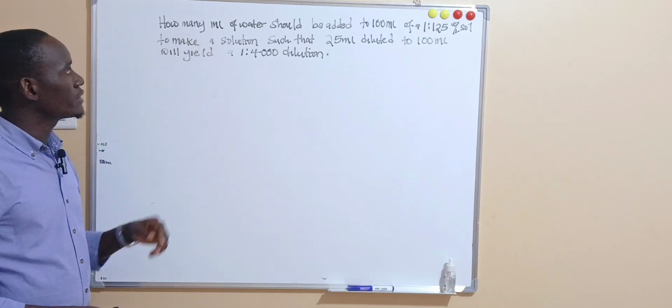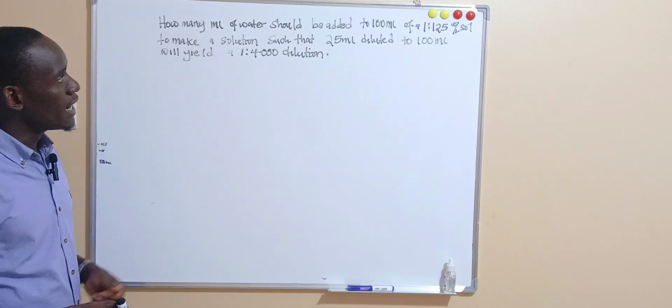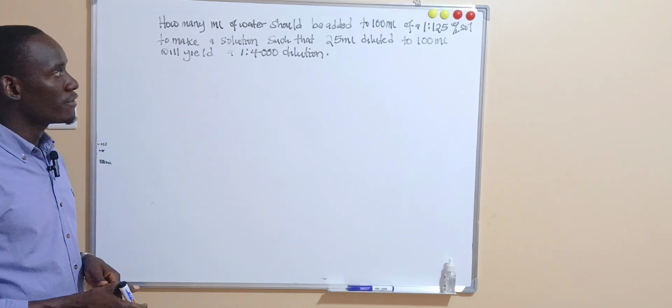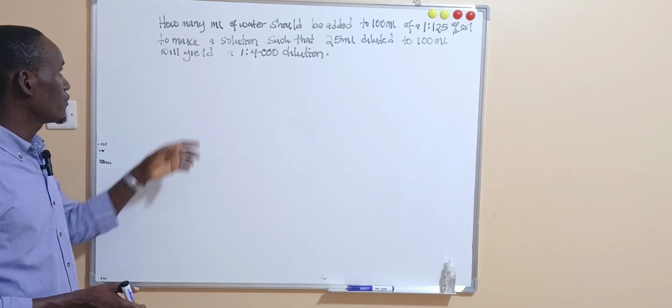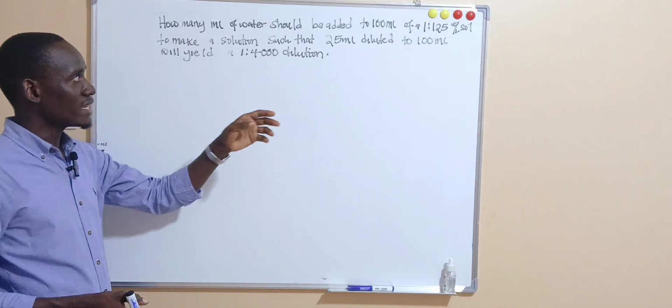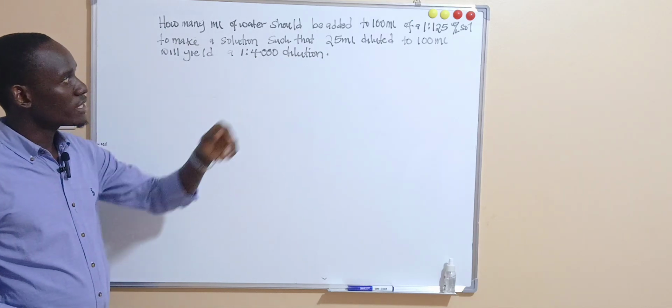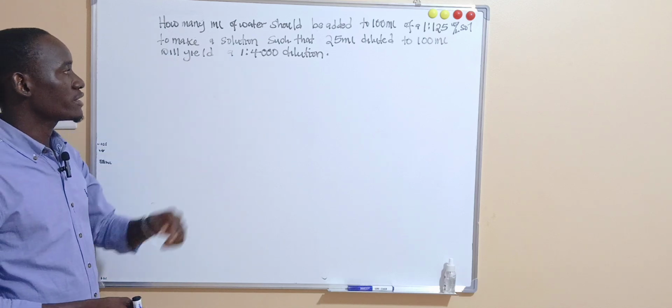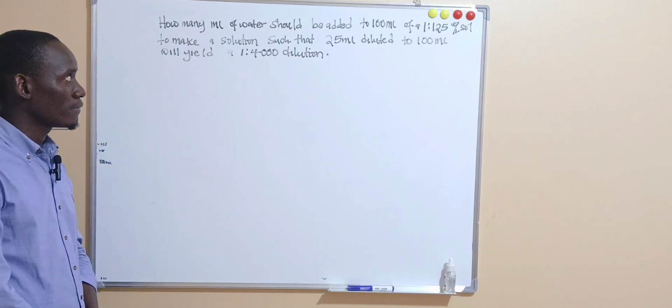How many mils of water should be added to 100 mils of a 1 to 125 volume in volume solution to make a solution such that 25 mils diluted to 100 will yield a 1 in 4,000 dilution?